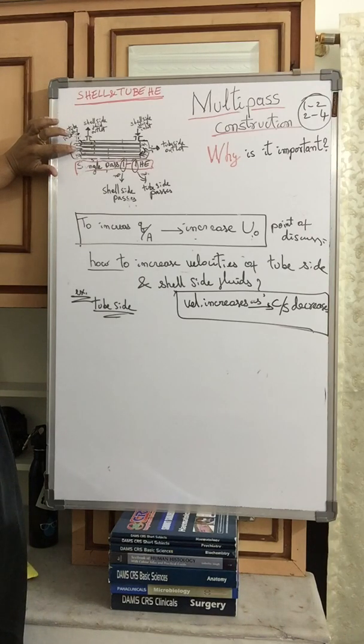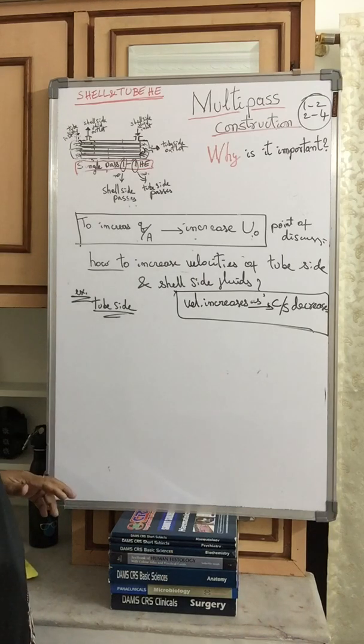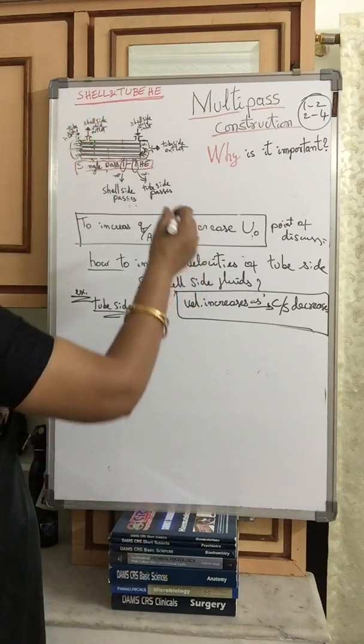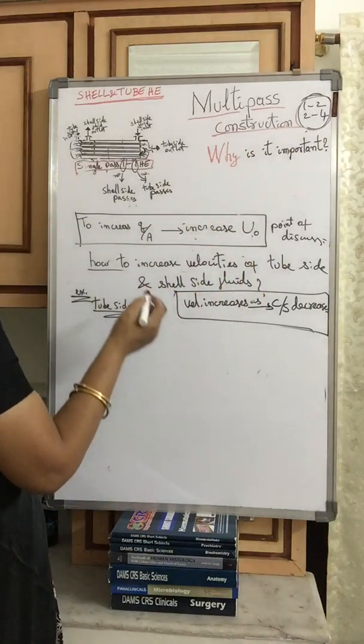So we are increasing the number of passes by keeping a baffle plate. The purpose of keeping the baffle plate here is reducing the cross section. If you reduce the cross section, velocity will increase. As velocity increases, Reynolds number increases, and hence H, the individual heat transfer coefficient, will increase, then the overall heat transfer coefficient will increase and heat flux will increase. This is the basic principle. We will discuss in the next class these 1,2 and 2,4 heat exchangers.